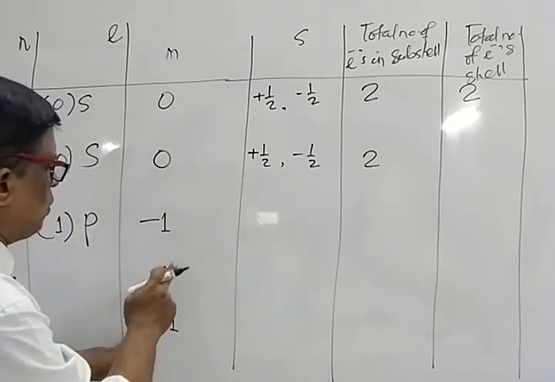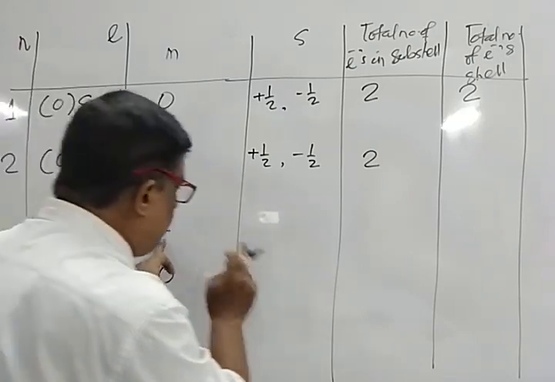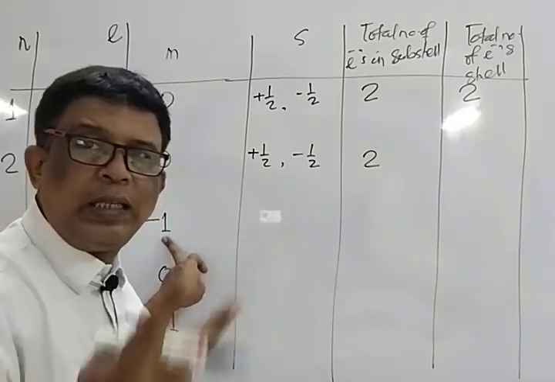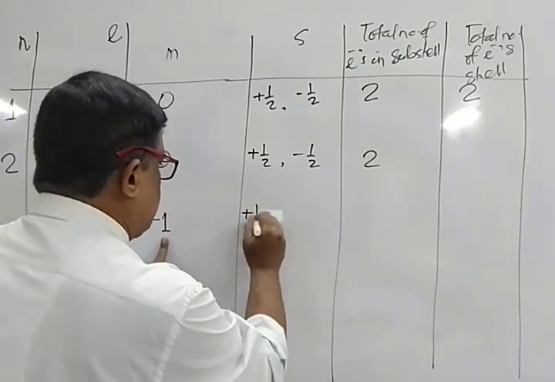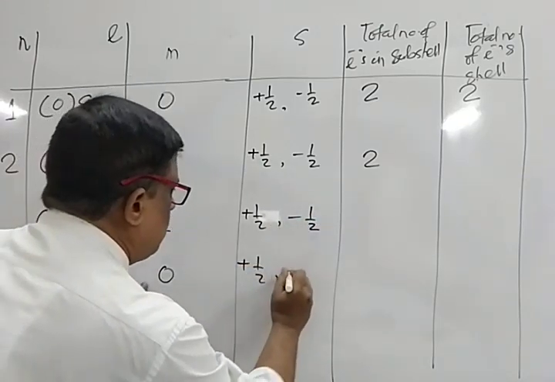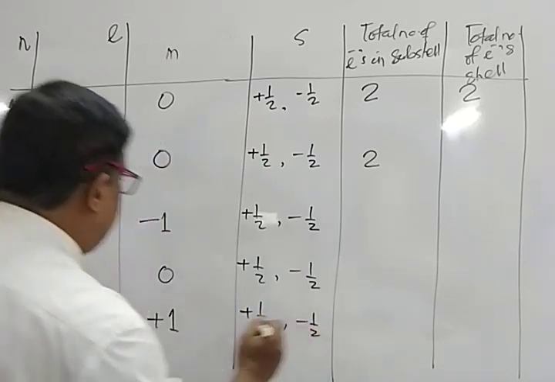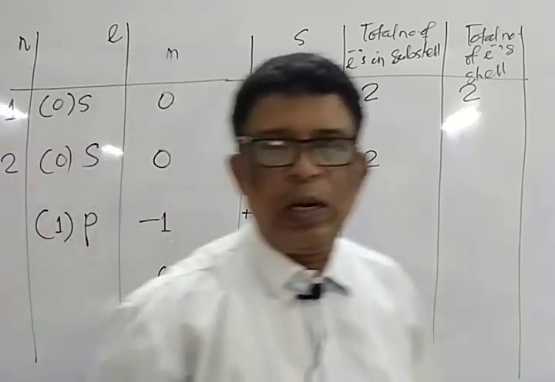In the Px orbital, how many maximum electrons are there? 2 electrons, plus half, minus half. It is also plus half, minus half for the other orbitals. I repeat this one again.